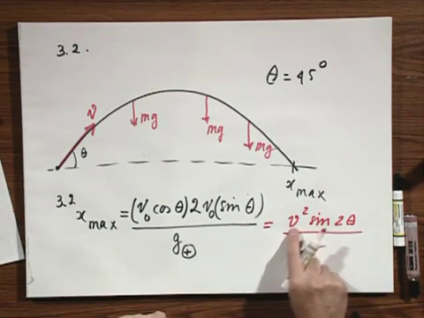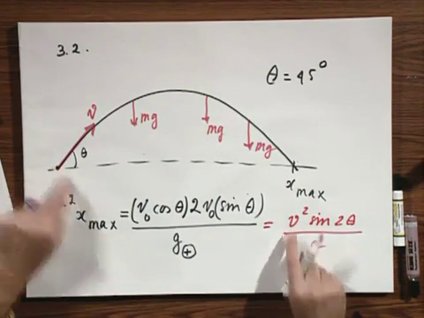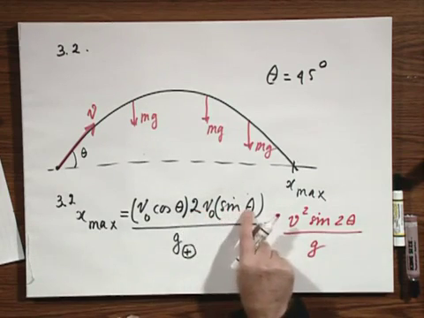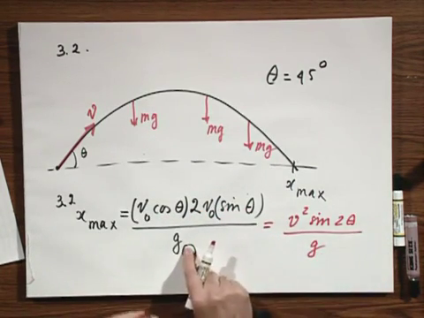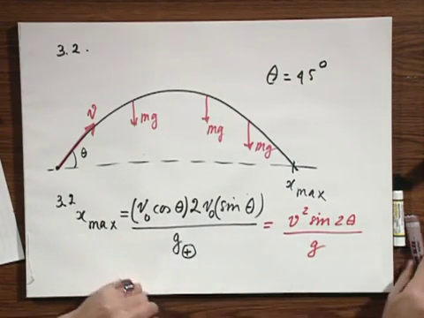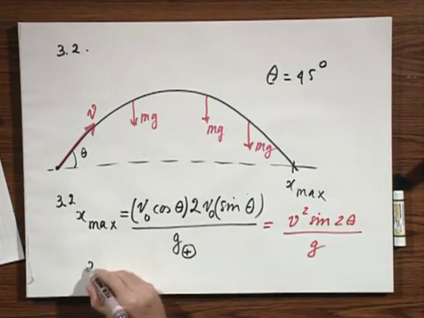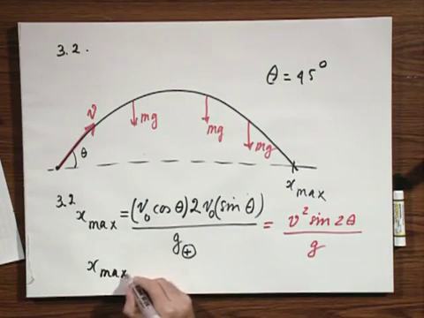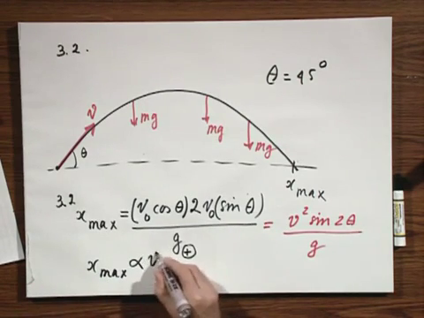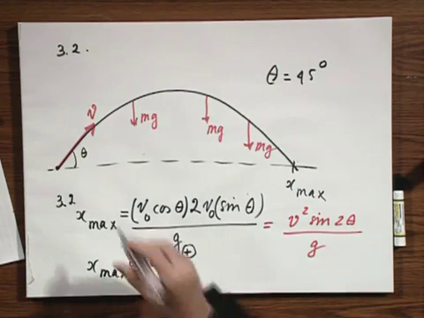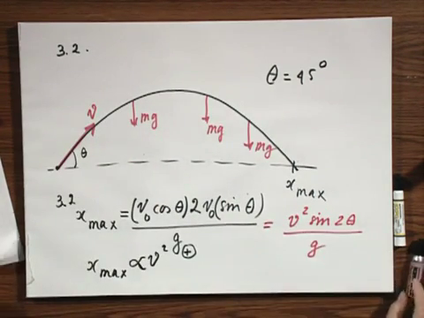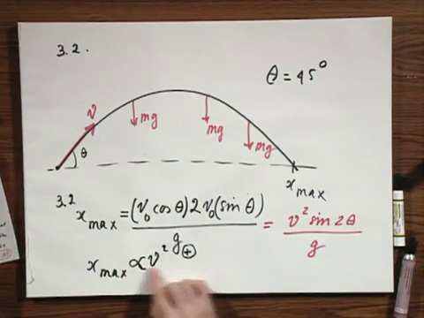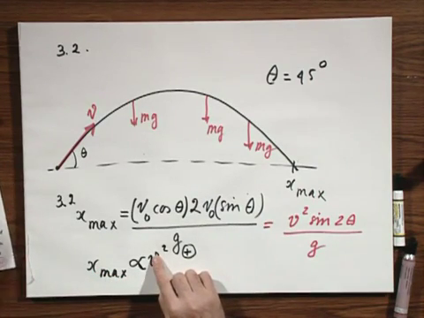So this is the velocity with which it is released when I cut the string, and 2 sine theta cosine theta is sine 2 theta, and this g is the same as this g. And what do you see? You see that x max is proportional to v squared, that initial velocity that I have when the object is released.